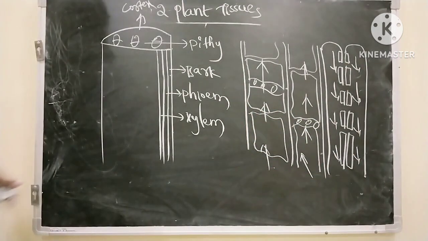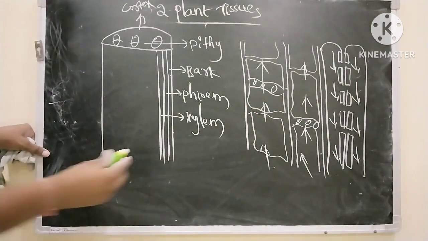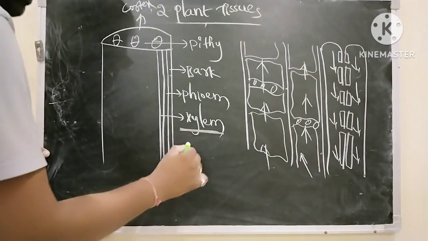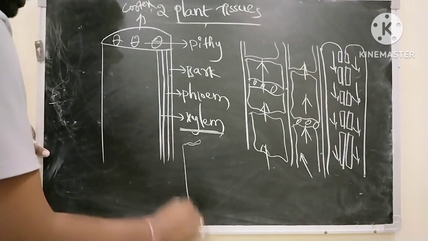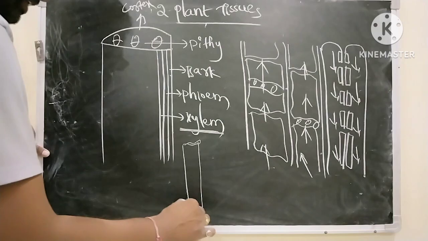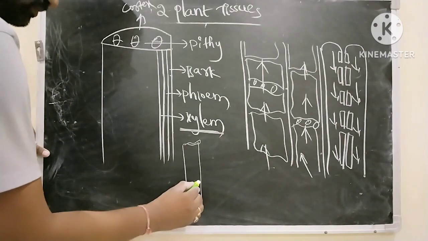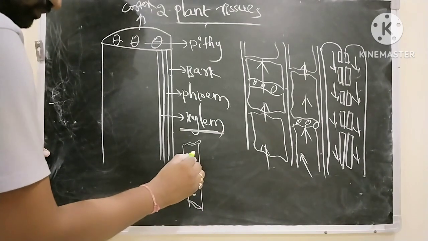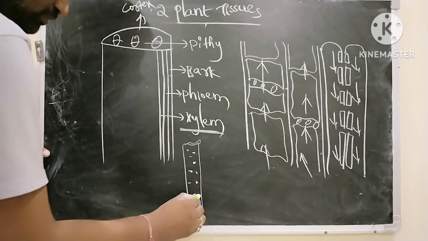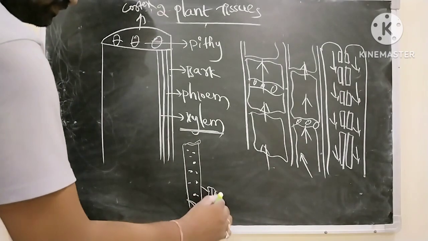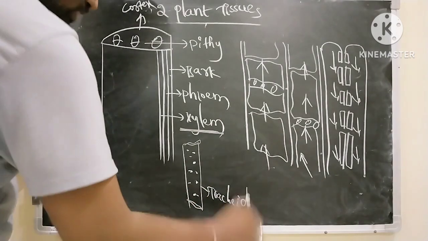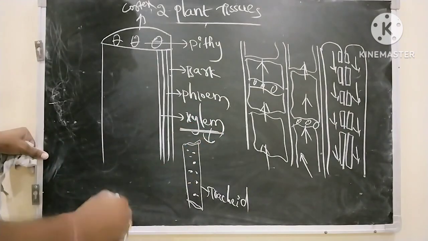And in xylem and phloem, different types of cells are there. For example, this is the tracheid, which is related to xylem.